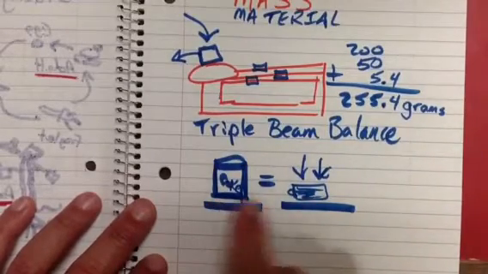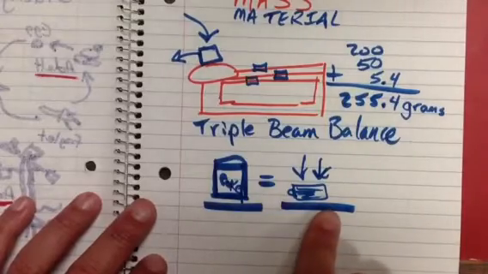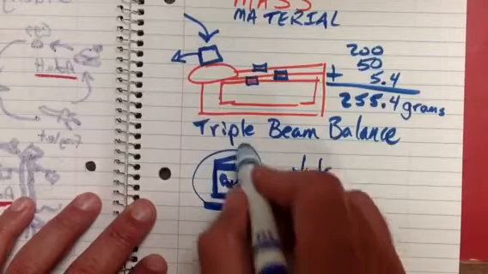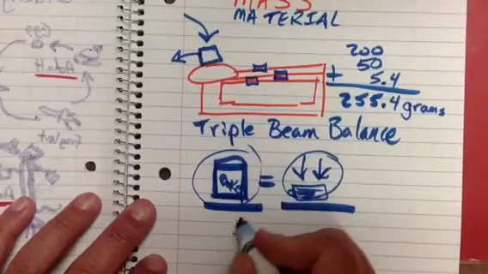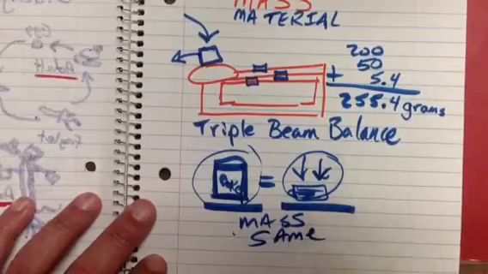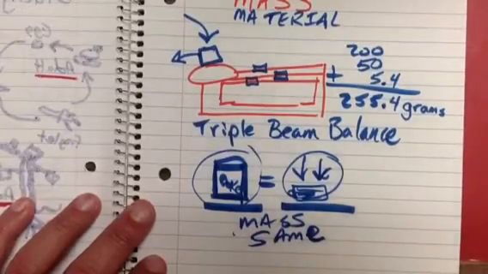So we can change the shape, we can change the size, we can crush it, we can tear it, but as long as all of the stuff is still there, the mass stays the same. The only time the mass would change is if we took some of it away.